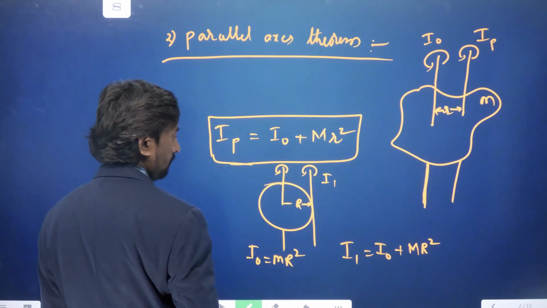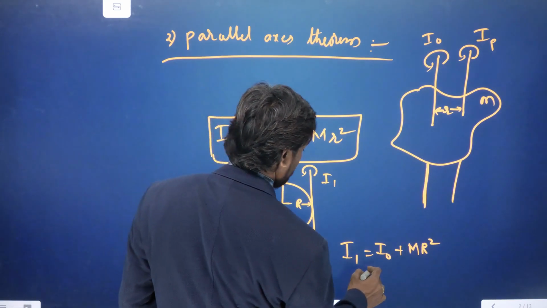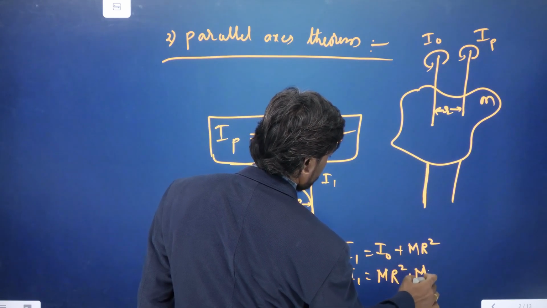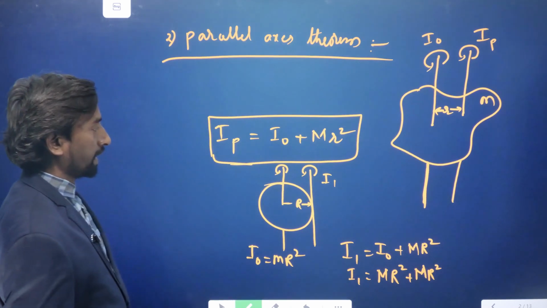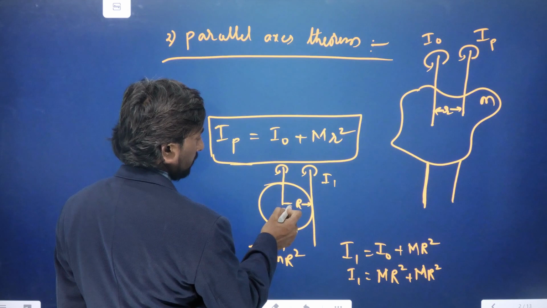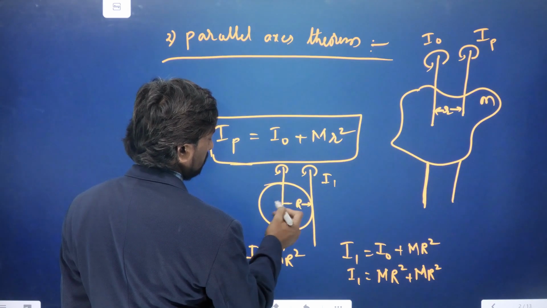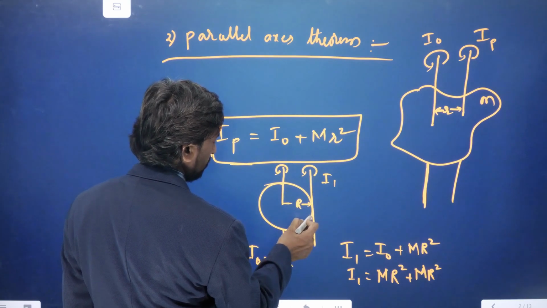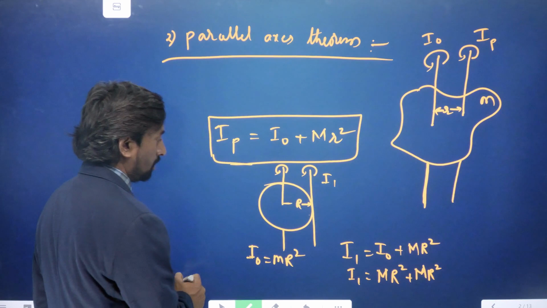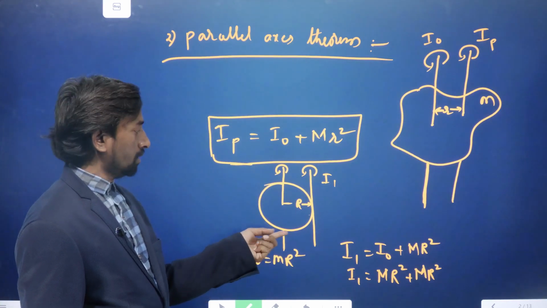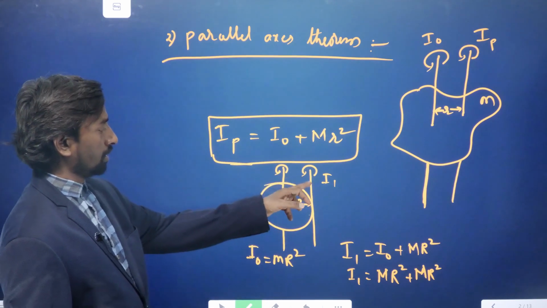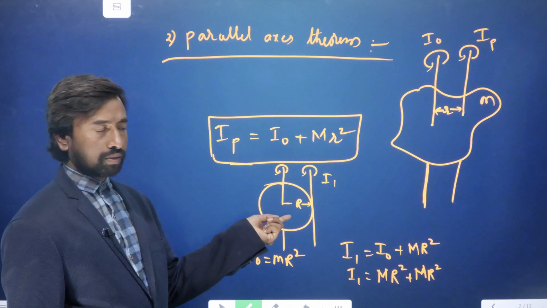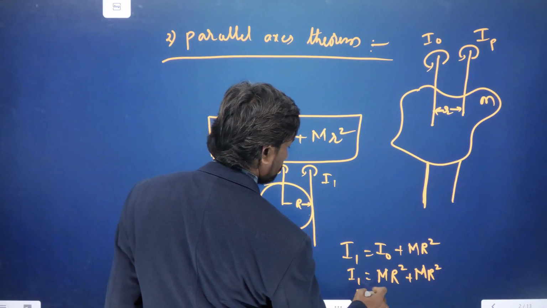So now what can we write? I1 is equal to the moment of inertia about the axis passing through the center perpendicular to its plane, mr square, plus mr square, since the distance between these two axes is r. So I1 is equal to I0 plus mr square, that is, 2 mr square.